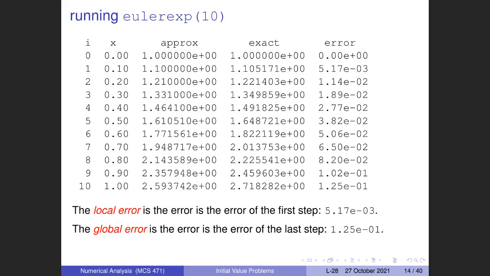So I'm using this output here to make the distinction between the local error, so the error of the first step, or the error that you make in one step, and the global error. So that's the error at the very end. And you see there is quite a gap. So after 10 steps, so we haven't actually done that much work, we only have one decimal place correct. So of our decimal expansion of e, 2.718, we actually only have the 2 correct. We haven't done that much work.